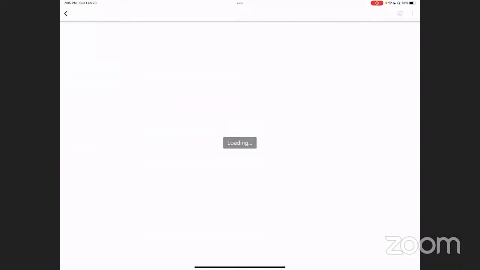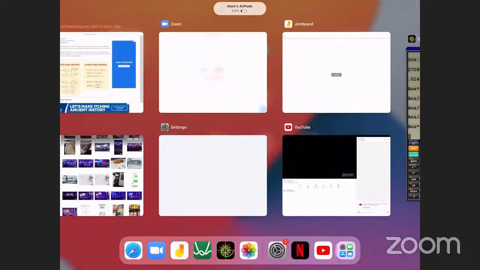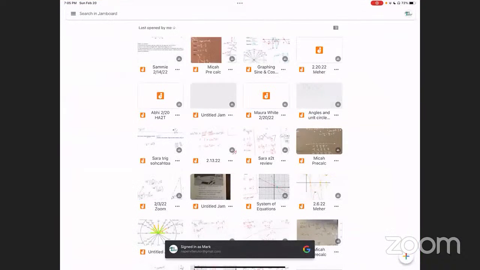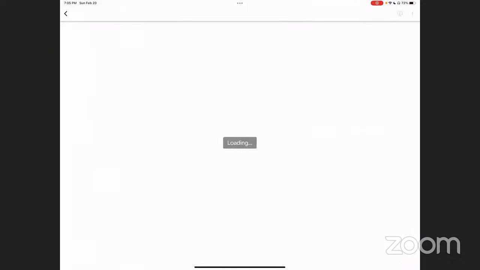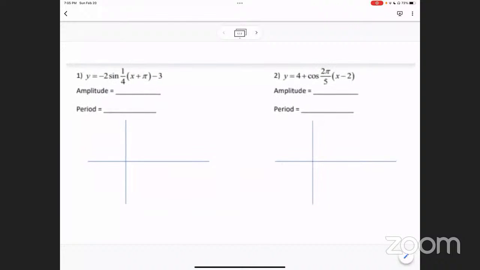Sometimes I have to close it and open it back up again, and sometimes you just have to wait a little bit for it to load. There we go. I'm going to whip through these relatively quick and explain them, and then you can practice.